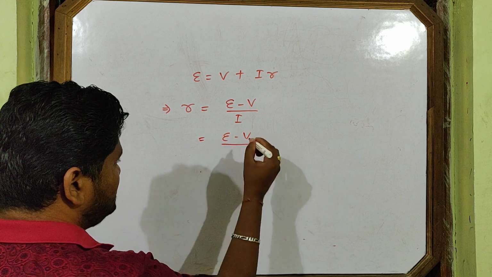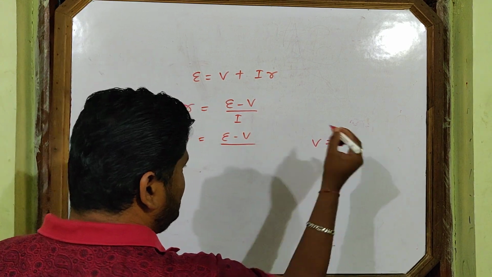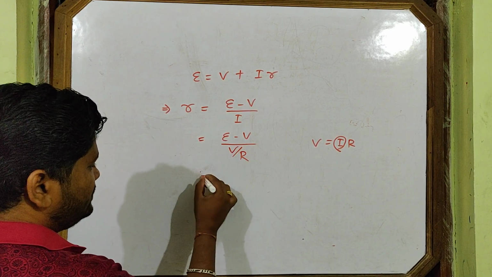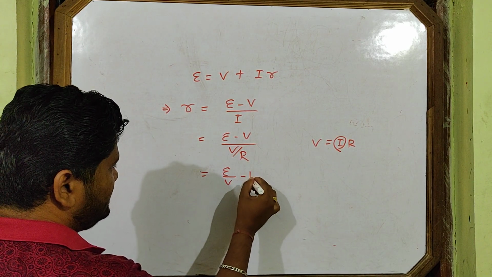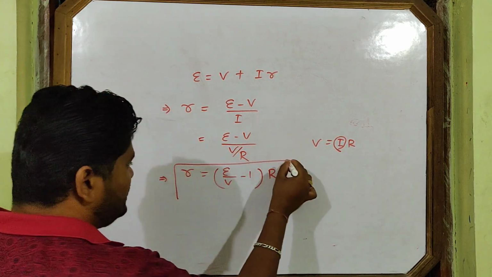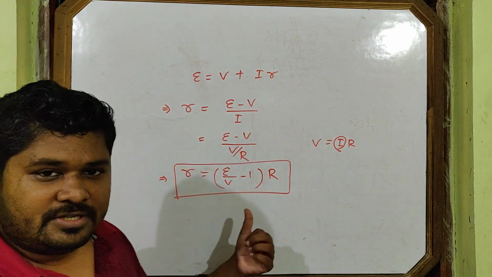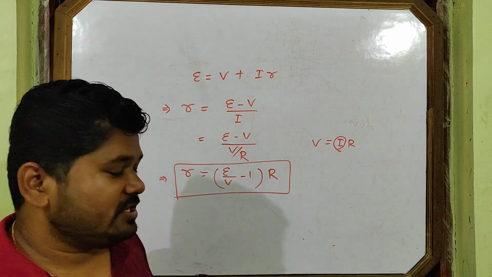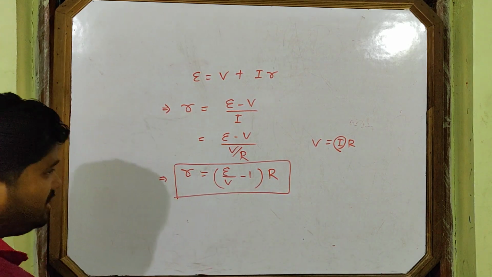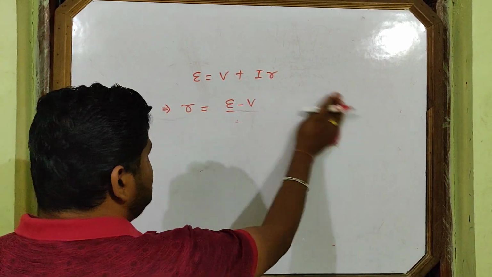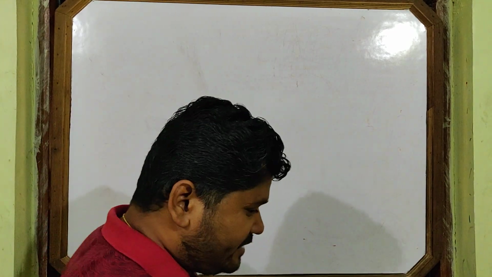But just before, I wrote V equal to IR, so here I equals V by R. So r equals (E by V minus 1) whole into R. This is the expression for internal resistance. This one is also required for you. You have to remember this expression: E by V minus 1 whole into R. Then I will go on. So this is about the definition of a cell and different points of the cell we discussed.